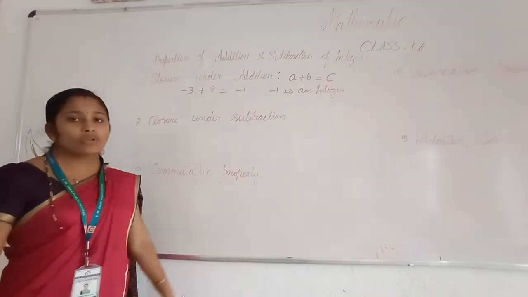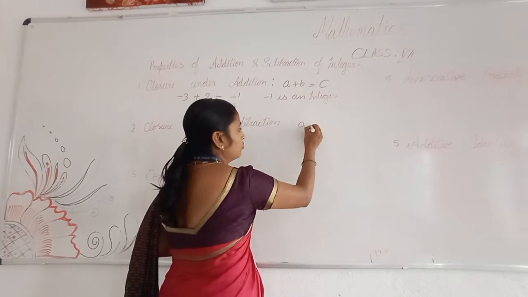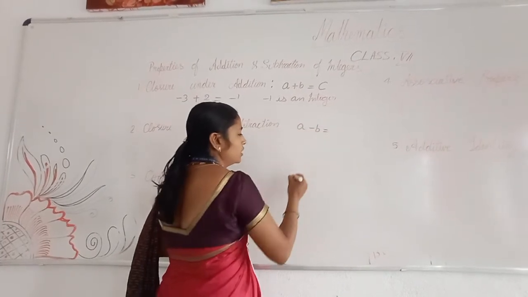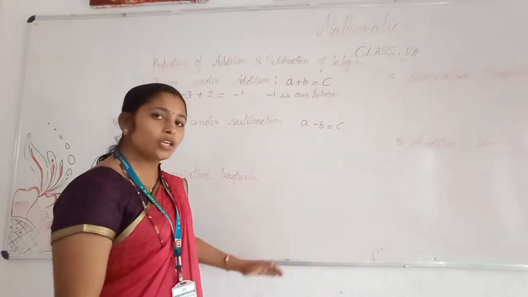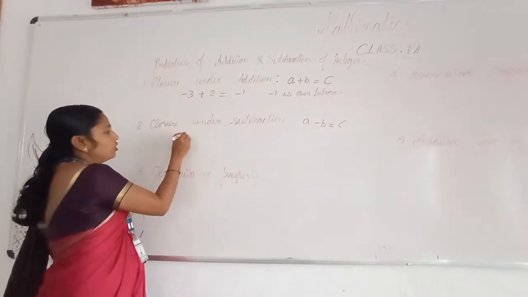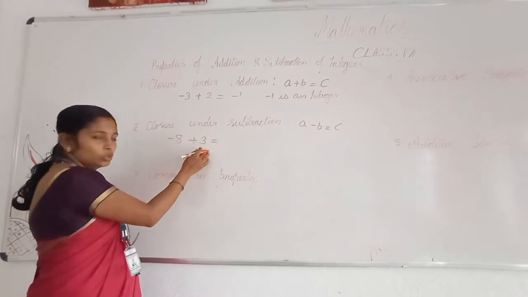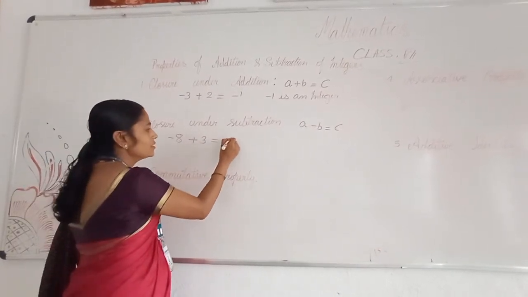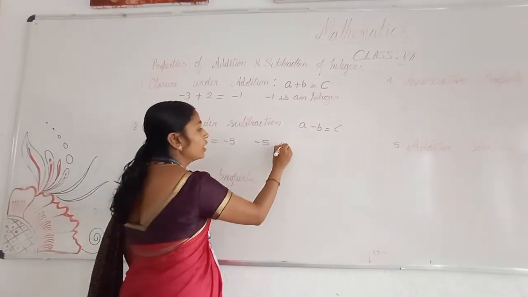Now if you go for subtraction, in the same way, in the general statement a minus b is equal to c, and that c is also one of the integers. For example, minus 8 plus 3 gives the answer minus 5, and minus 5 is an integer.